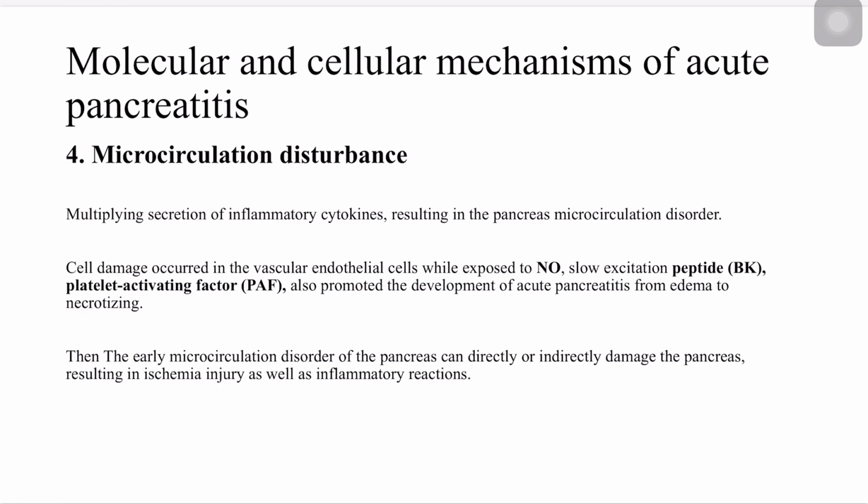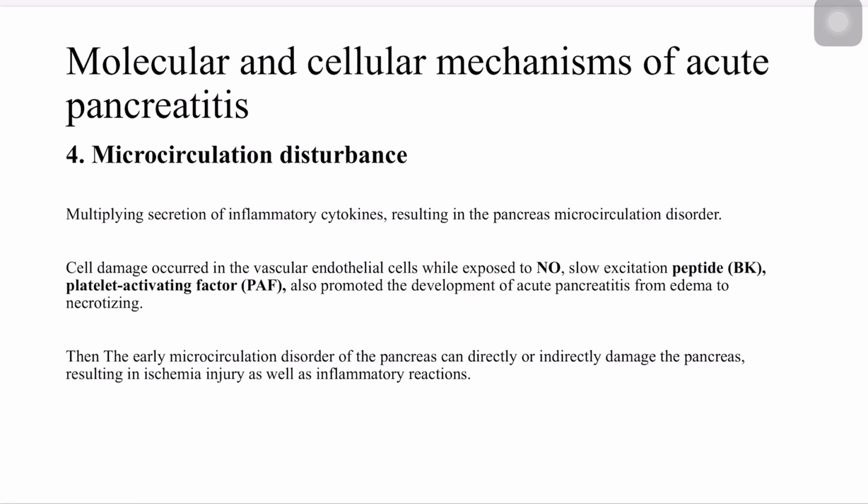And the last one, microcirculation disorder, I can mention this because, in this case, there is multiplying secretion of inflammatory cytokines, cytokines increasing, and the result is pancreatic microcirculation disorder.